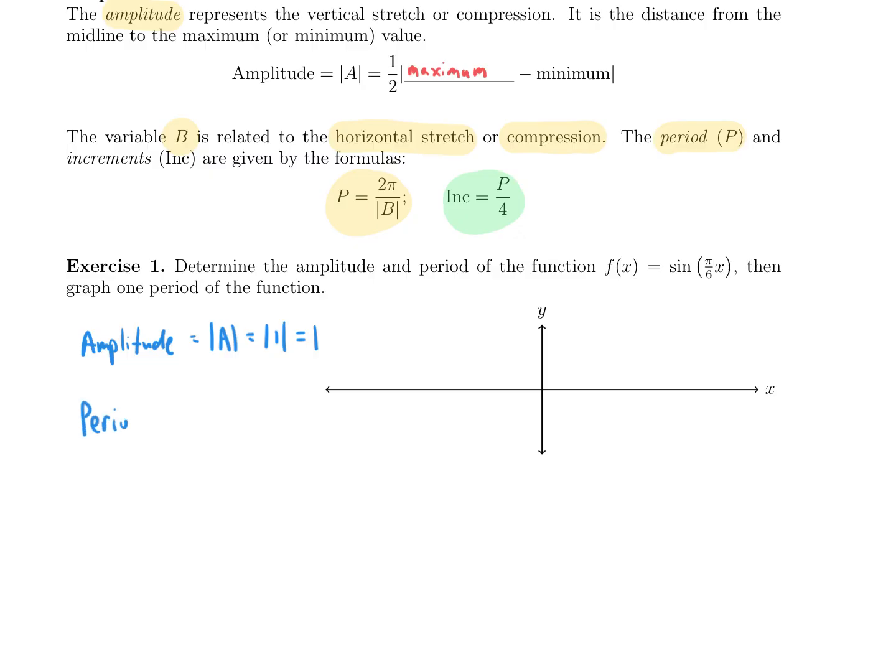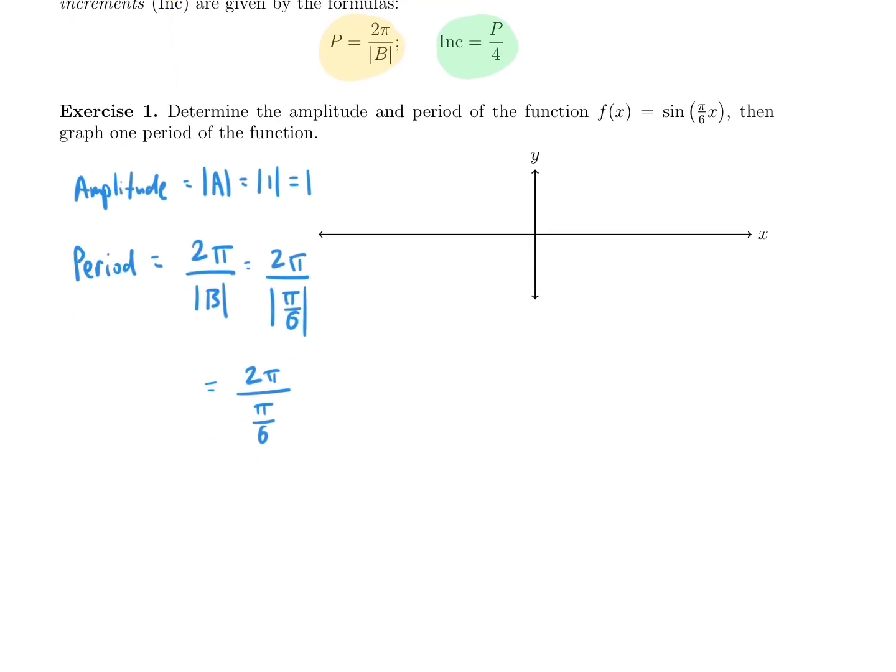All right, the period, let's go and figure out what the period is. The period is 2 pi over the absolute value of b, which is 2 pi over the absolute value of pi over 6, which is 2 pi over pi over 6, which is 2 pi times the reciprocal of the denominator, which is 6 over pi.